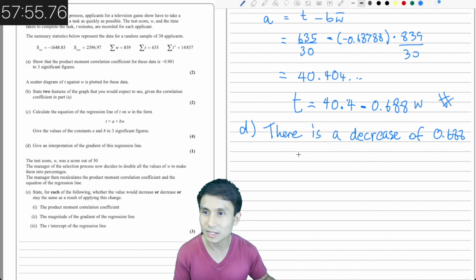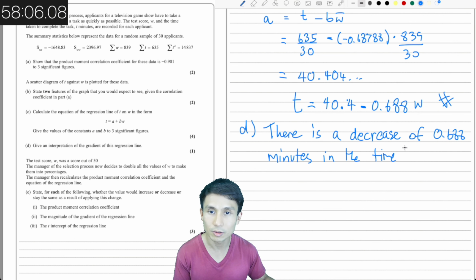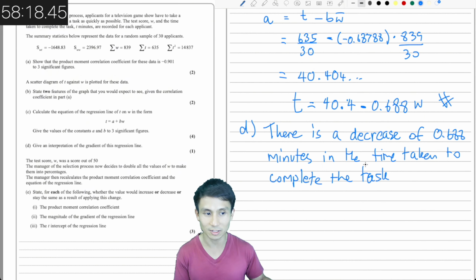What is T again? Minutes in the time taken to... context is king in statistics, so you have to write everything, because T stands for the whole thing, the time taken to complete the task.